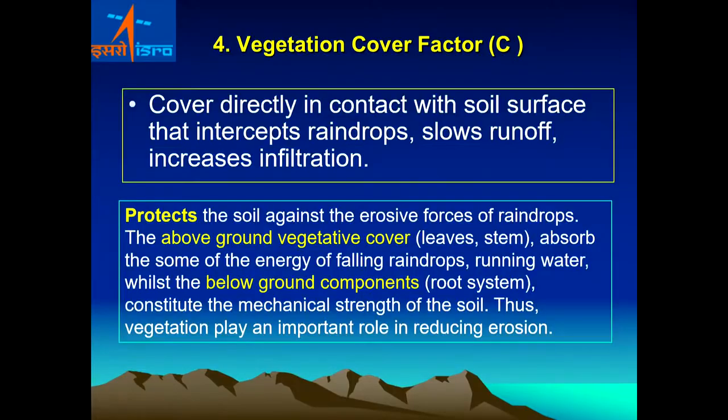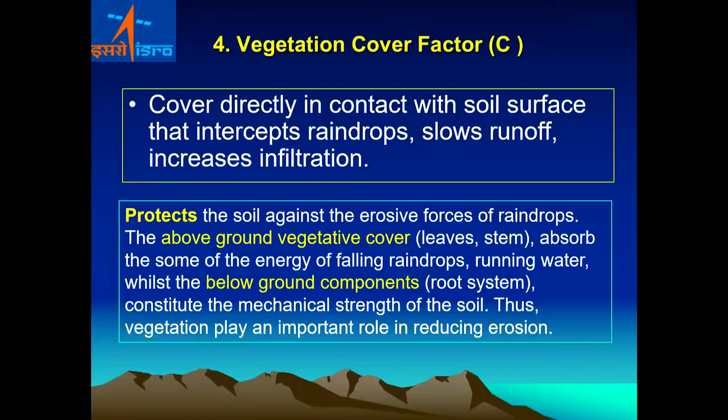The fourth factor for soil erosion is your vegetation cover. Vegetation provides protection to the soil against rainfall, because rainfall has erosive energy. If it is fallow land with no vegetation, then rain will hit the ground directly, and therefore soil particles will get detached.